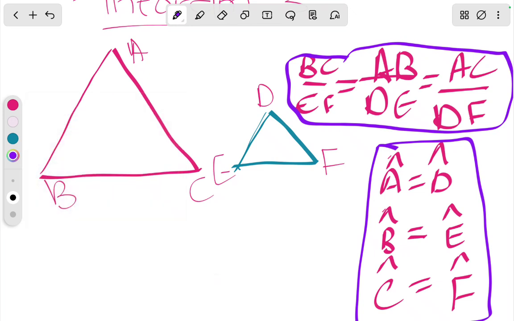So we are given that angle A, I'm going to indicate it with a dot.